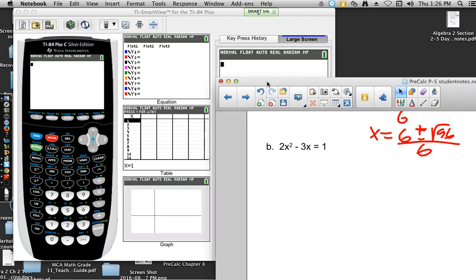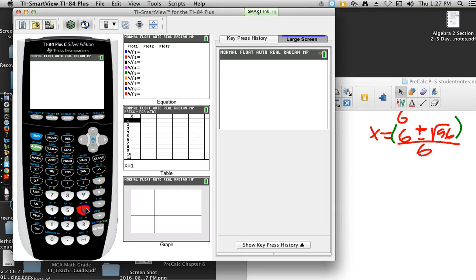We need to tell the calculator that all of this stuff on the top of this fraction is together. So 6 plus the square root of 96, all together, in parentheses. And, oh my goodness, this is clunky.